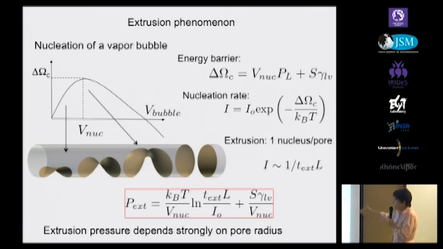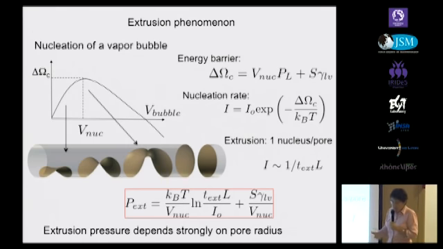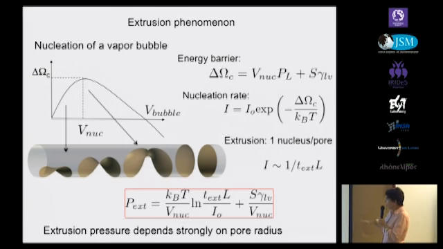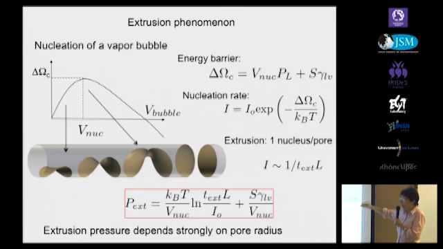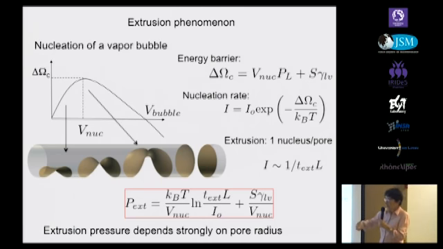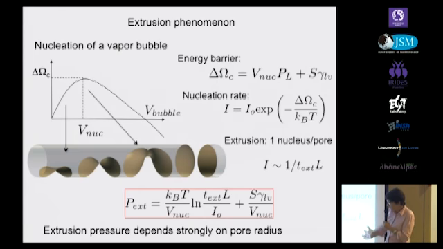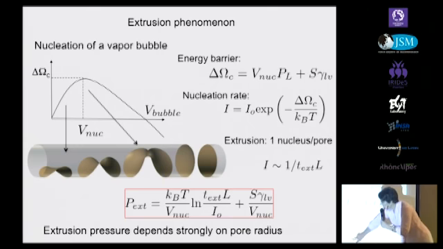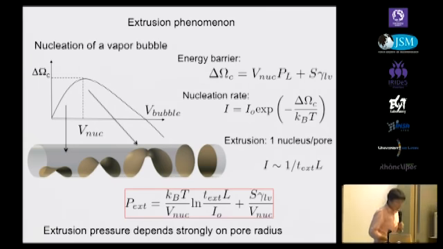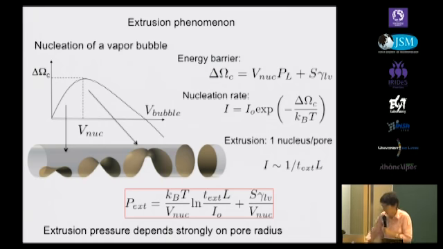And one obtains the extrusion when one waits long enough to obtain one critical nucleus in each pore and a breakage event in each pore. So this gives us an expression for the extrusion pressure, which varies quite heavily with the pore size, because it depends on the volume of the nucleus, which of course varies as the third power of the pore size.